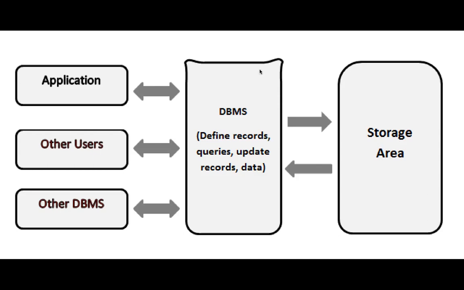It goes here to be stored. The data stays here till the next time we come and maybe make a query, update, or store another data. Any questions so far?